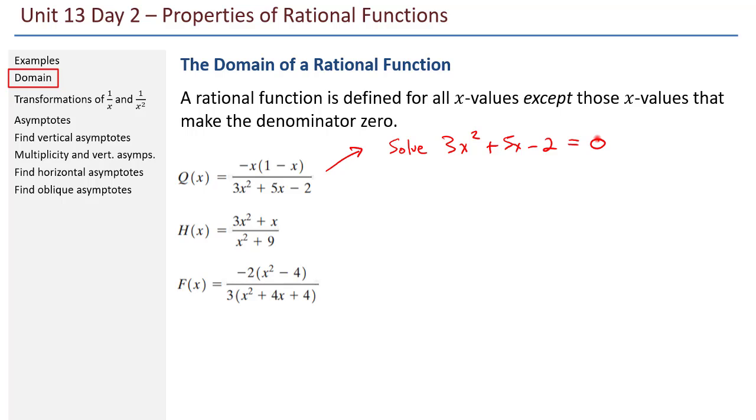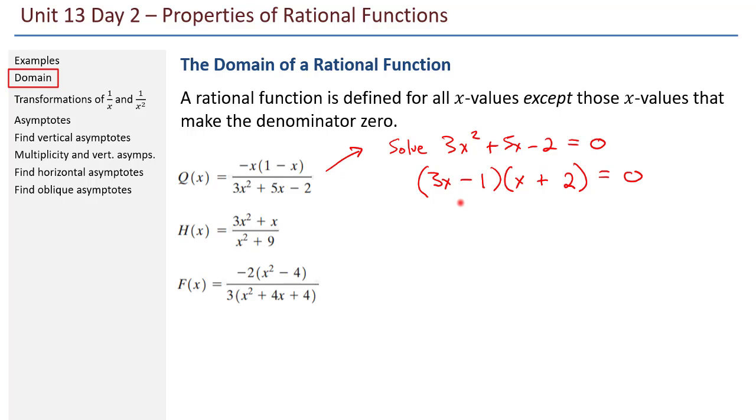Now, this one might take a little bit of time, but I've worked it out already, and it really does factor. In fact, do you see how it factors? There's a 3x and an x, and then a 2 and a 1. Can you see how it goes now? To get the 5, I need to do a 6 minus 1. So I'll do a plus 2 and minus 1 there. All right, we're getting closer.